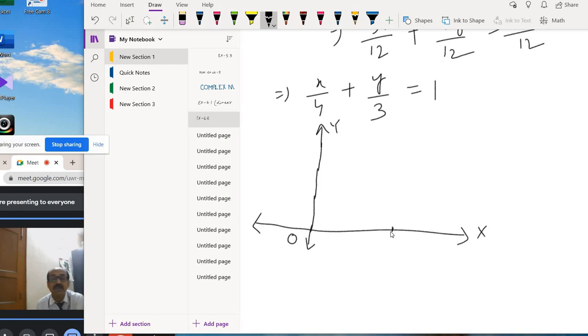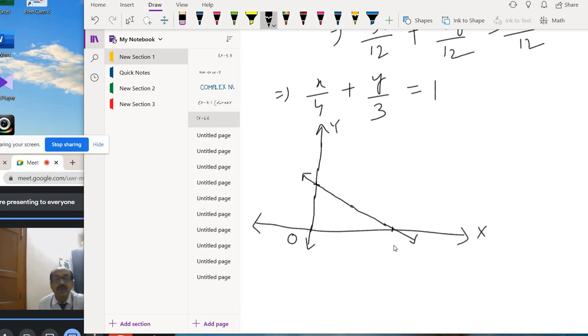Suppose this is 4 units from the origin, and y is 3, because this is 3. Now join these 2 points. Okay, so this is the line x by 4 plus y by 3 equal to 1.